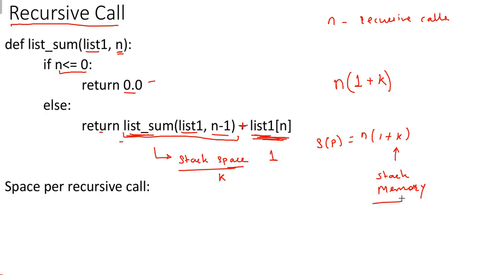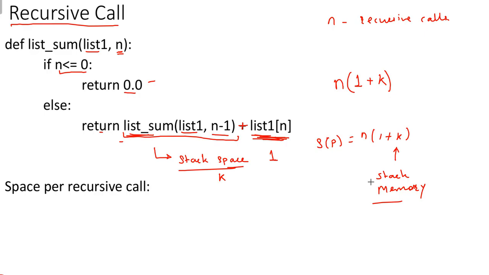Okay, so this is one of the examples I thought I could take in this video series, where you can understand how recursive calls work in terms of space complexity. I think you might also remember one of the disadvantages of recursion is that it consumes more space.